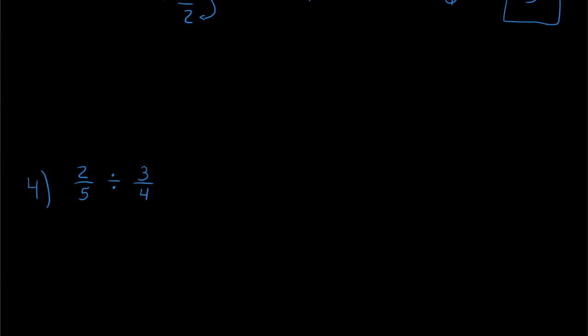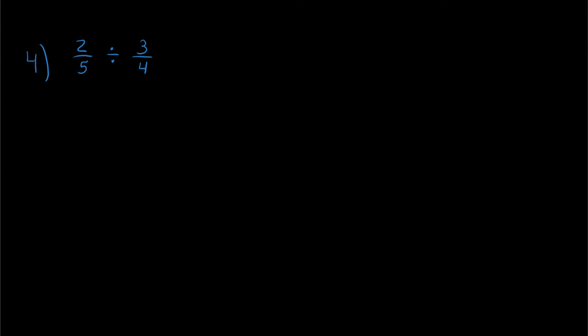Okay, let's look at our last one here. We have 2/5 divided by 3/4. All right, so again, the 3/4 is going to be our bottom fraction. So I'm going to rewrite 2/5 divided by 3/4.